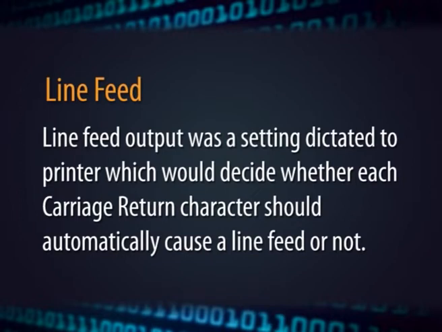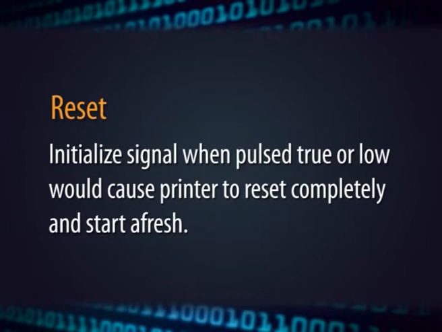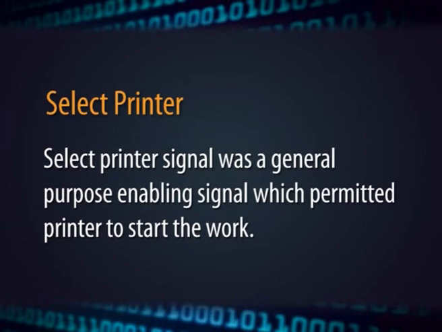Line feed output was a setting dictated to the printer which would decide whether each carriage return character should automatically cause a line feed or not. Initialize signal, when pulsed true or low, would cause the printer to reset completely and start afresh. Select printer signal was a general purpose enabling signal which permitted the printer to start the work.